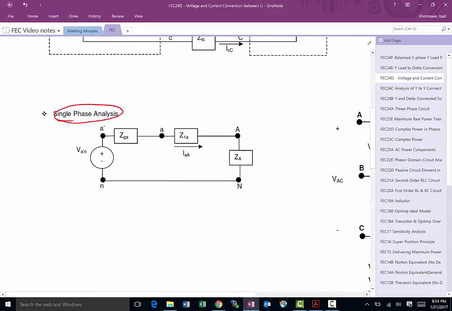With this technique, if I'm given enough information, I can find IA and VAN, which we usually write as V phase, because it's the magnitude of a phase. It's usually easiest to refer to the phase with an angle of 0, because A is the reference phase and its angle is always 0 degrees.